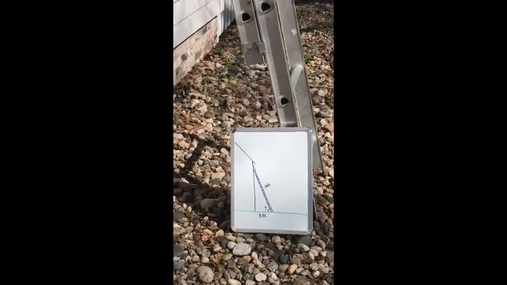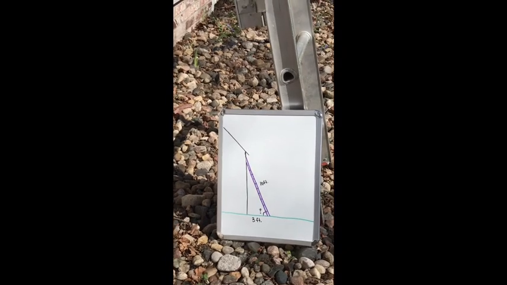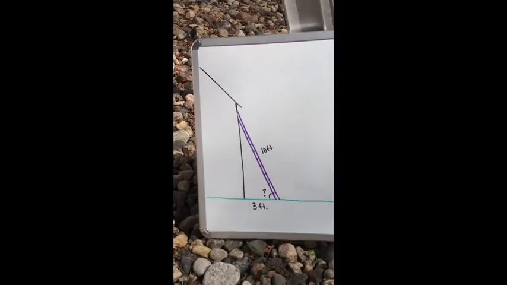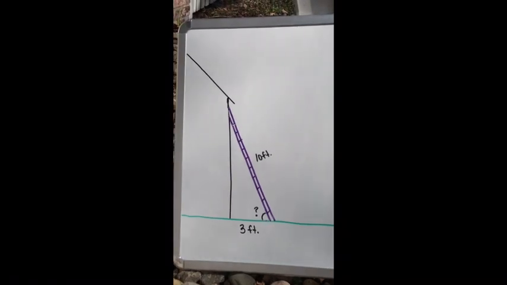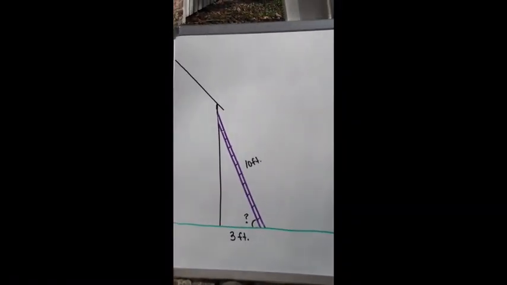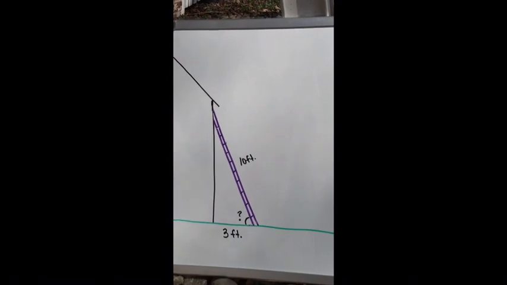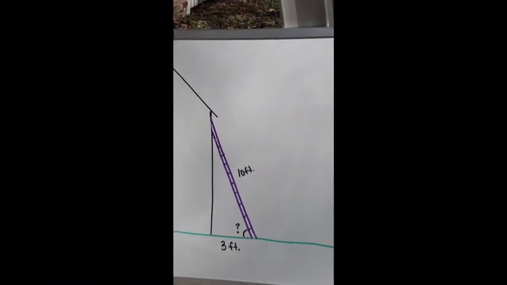Okay, so I think I made a good representation of this on this board down here. So here is the house, and this ladder is 3 feet from the house. The ladder's 10 feet, and we want to find that angle.